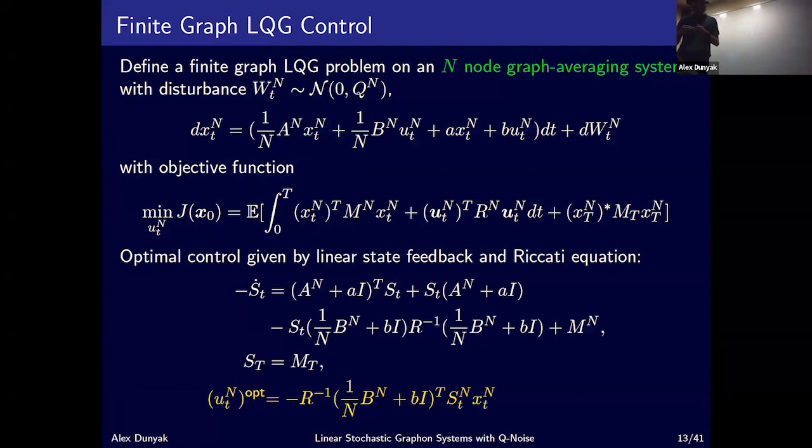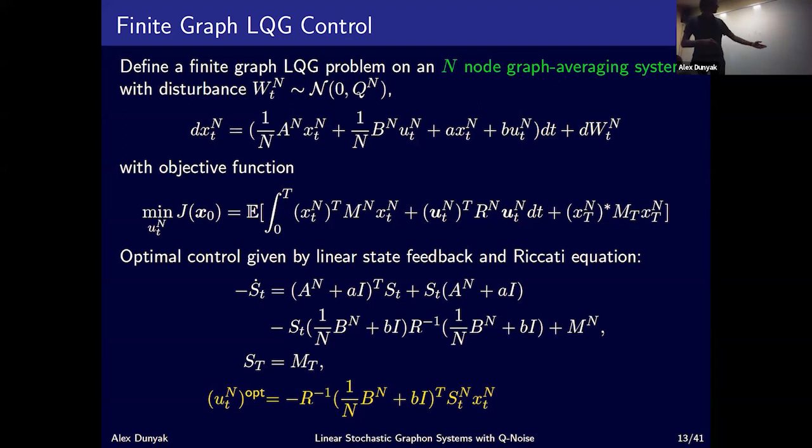From here, we want to move into our standard optimal control world. We're going to start with a standard finite graph linear quadratic Gaussian problem on one of our n-node graph averaging systems with a disturbance given by this Wn, which is a normal vector of Brownian motions with zero mean and the Qn covariance.